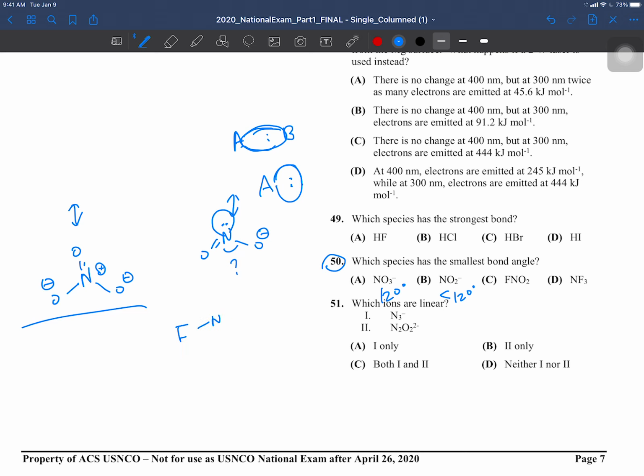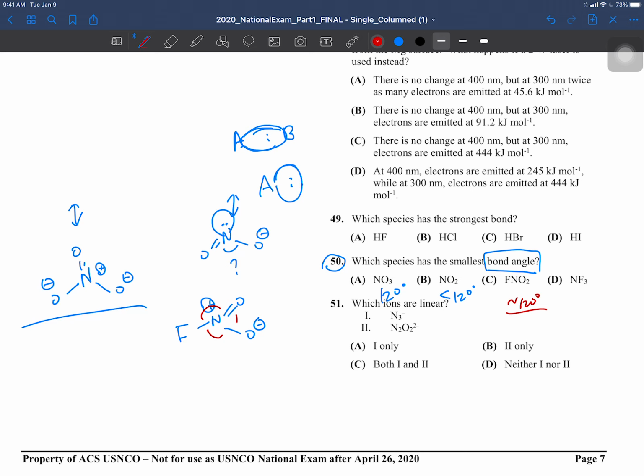NF2 should be like this. So this question is not very clear, I have to say, because those 3 bond angles are not exactly the same, right? The question didn't specify which angle it's talking about, but in general, it's supposed to be around 120, right?